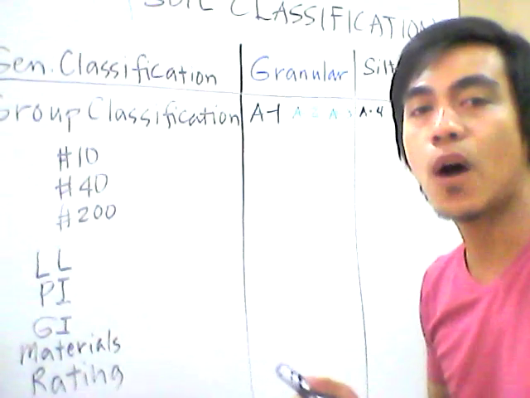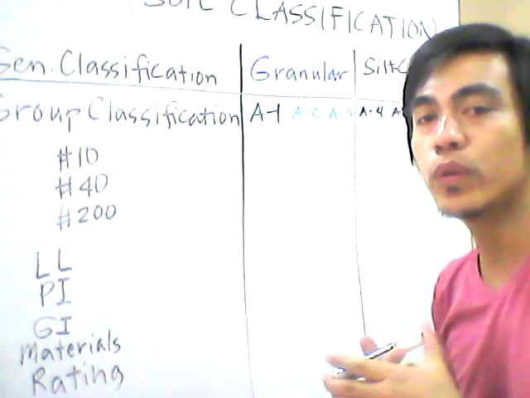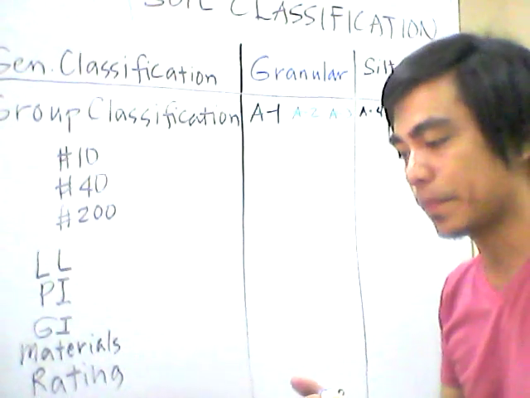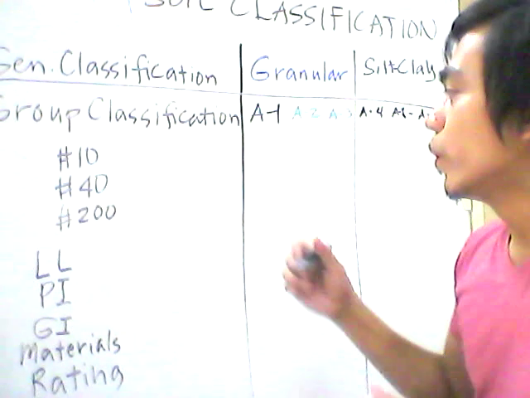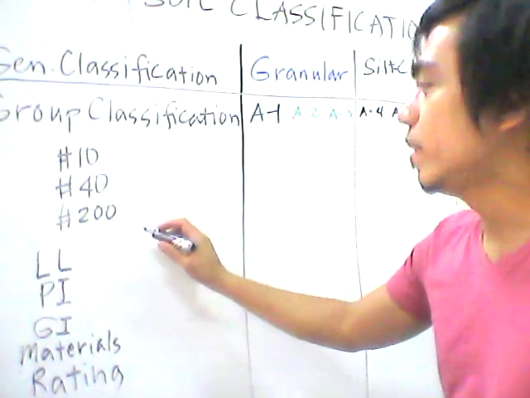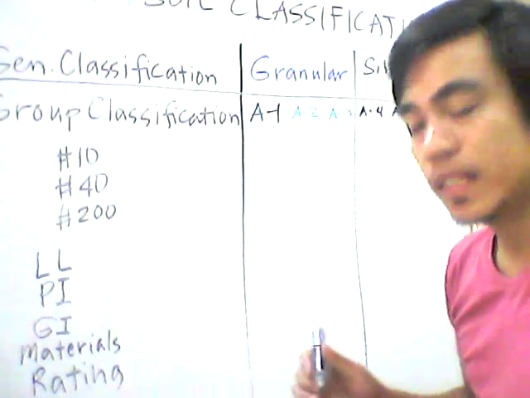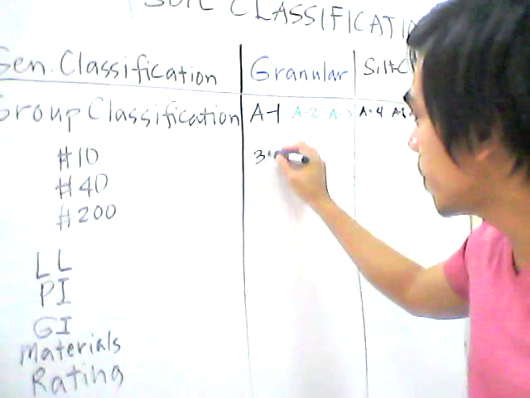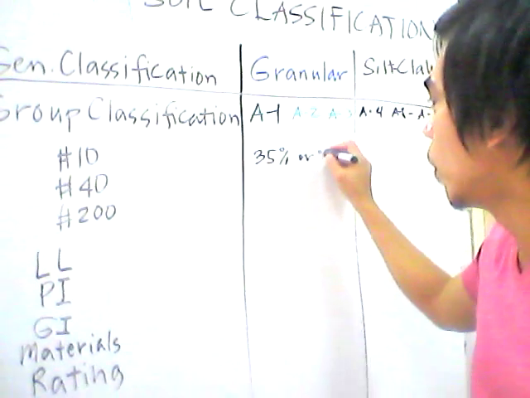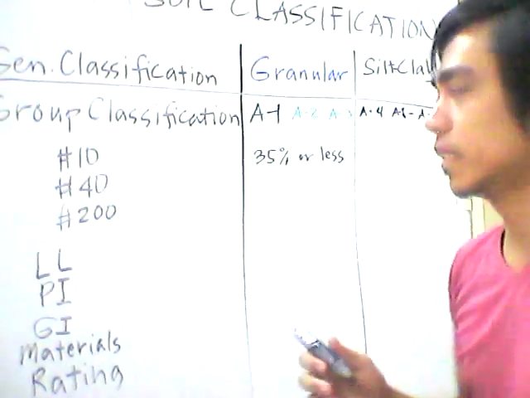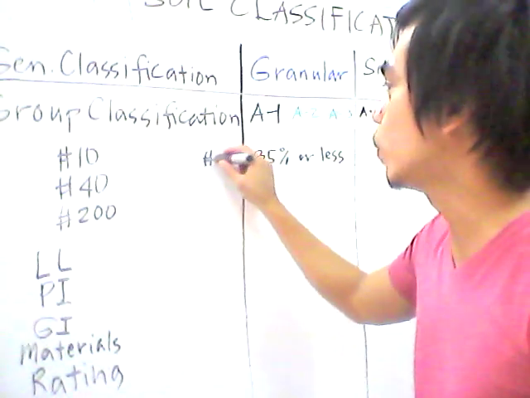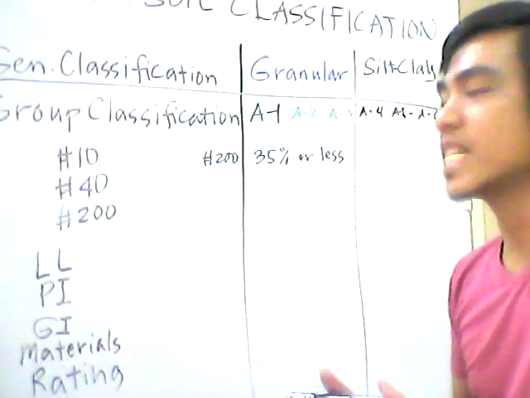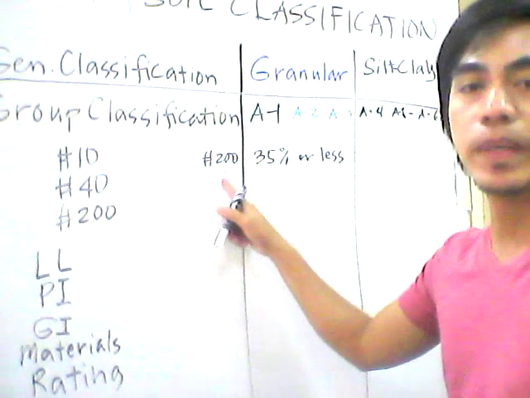The question is, how are you going to determine if the soil specimen is granular or silt clay? So, take a look at the number 200, the percent passing number 200. For granular, it should be 35% or less. So the first thing is to check the percent passing number 200.